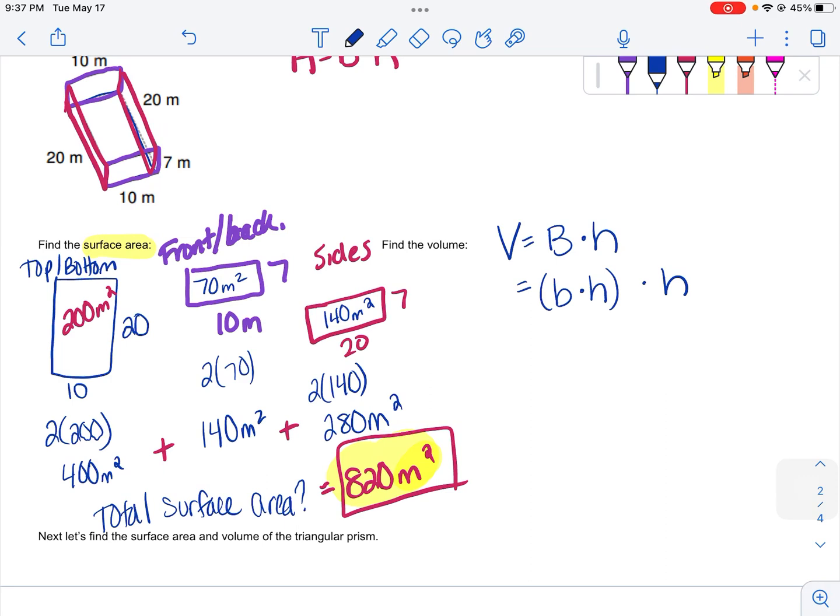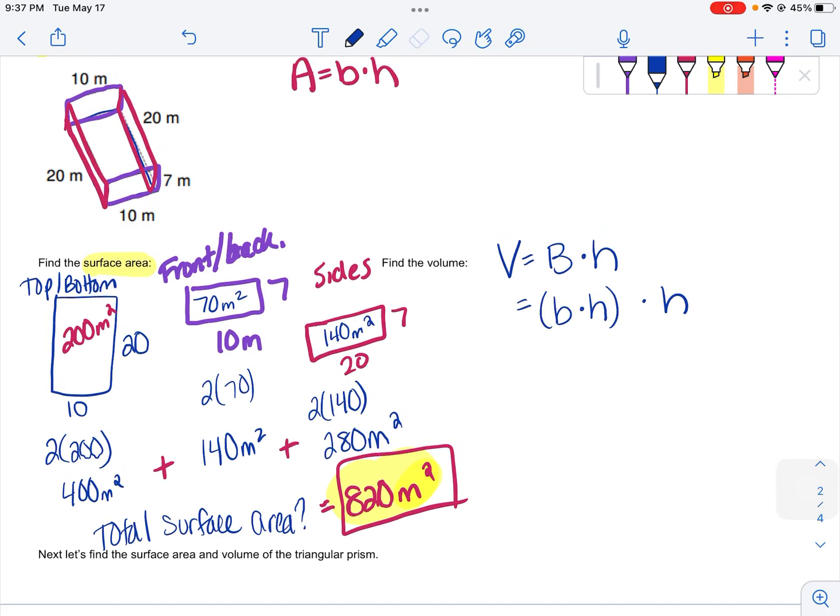If we think of the bottom of this rectangular prism being the base, it would be the very first rectangle that I outlined, that rectangle that was 20 by 10 meters, which means the area of the base would be 200 square meters.